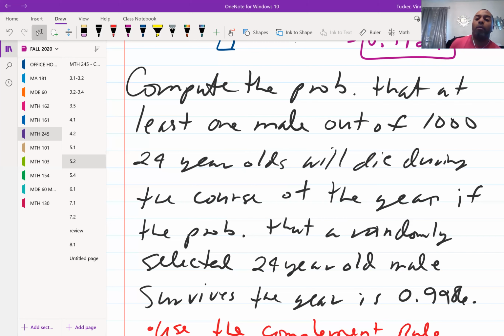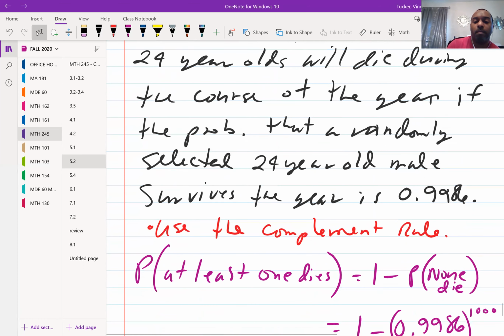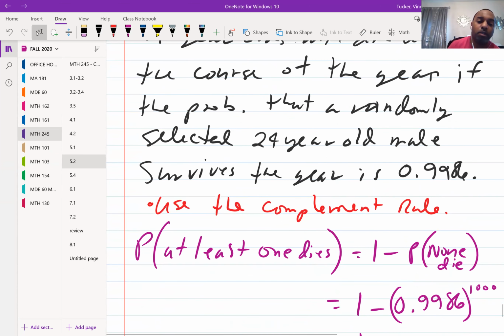All right, so we want the probability that at least one male out of those 1,000 24-year-olds will die. Now, the probability that we have is the probability that the 24-year-old male will survive. So we're going to use the complement rule. If you're talking about at least one dies out of the 1,000, remember 0.9986 raised to the 1,000 power is the probability that all of them will live.